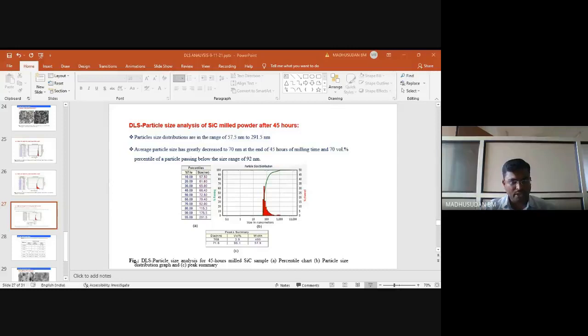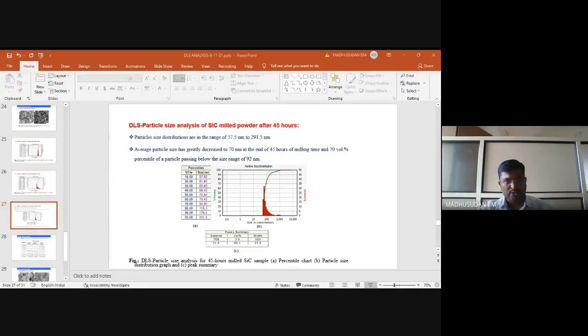And the highest peak is beside the 100 nanometer line. You can find that the highest peak may be around 60 to 65 nanometer. That means the majority of the particles come under 100 nanometer.